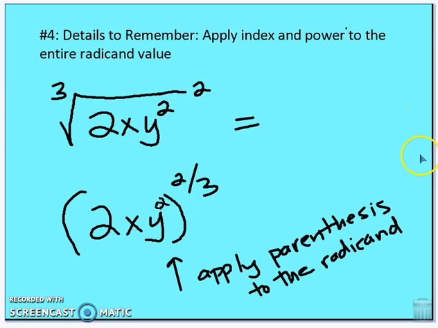Now you also have to consider that in some cases the index is not stated, so there's no value here, and when that is the case, the index is 2. So that's why you see no value for an index when you take the square root of some value.